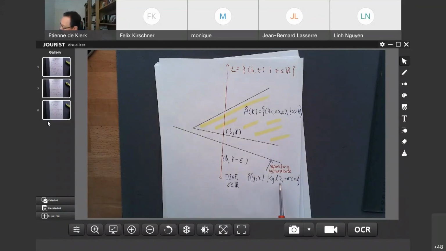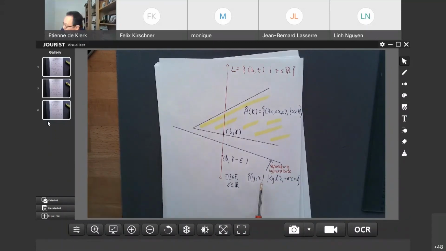So this continuous linear functional is defined by some L in F2 and some real number sigma, and the separating hyperplane consists of the values y and tau such that the pairing of y with L with respect to the duality, plus sigma times tau, is some given value alpha.